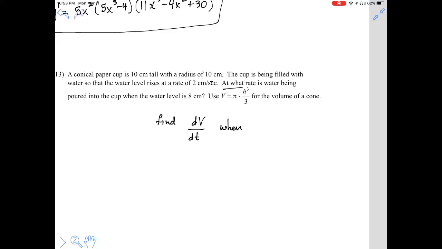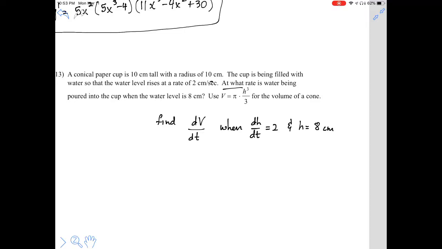And that rate has to do with water level or height. So I'm not going to say that h equals 2 because it's a rate of change. I'm going to say it's dh with respect to time. So dh over dt equals 2 centimeters, and specifically when the water level itself, so that's the height, equals 8 centimeters.